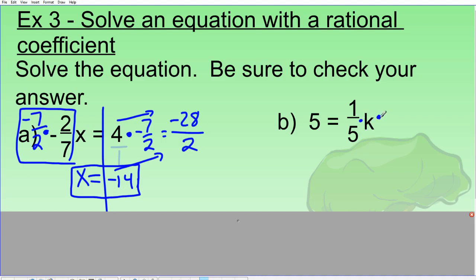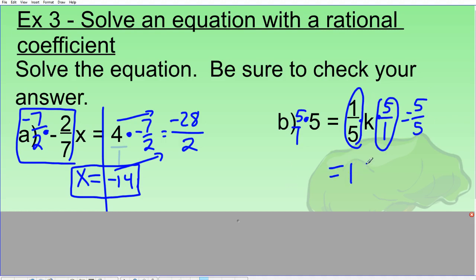If I multiply both sides by the reciprocal of that fraction, by 5 over 1, what happens is this 1/5 times this 5 over 1, if I multiply across the top and across the bottom, gives me 5 over 5. That is equal to 1. These two fractions together, when you multiply them together, give me 1k. And I don't really need that 1 there.